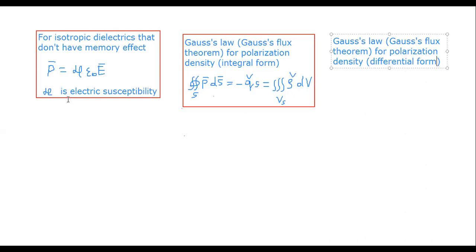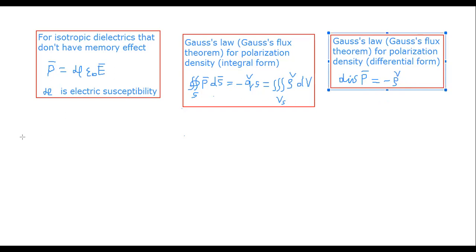It is differential form: divergence of P, divergence of polarization density, is equal to minus density of bound electric charge. Density of bound electric charge with minus.